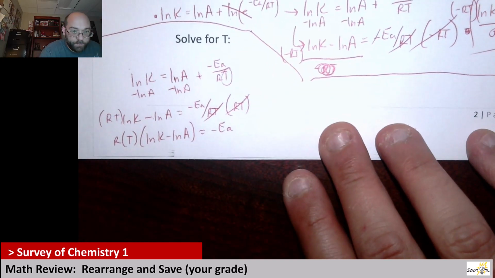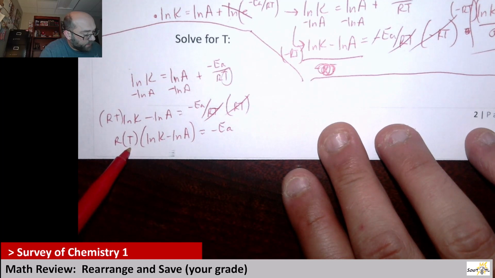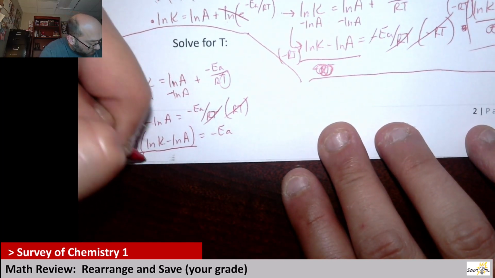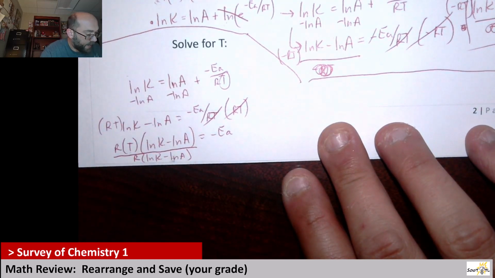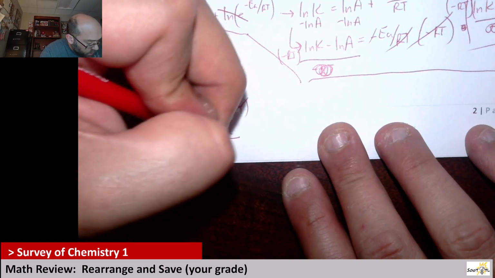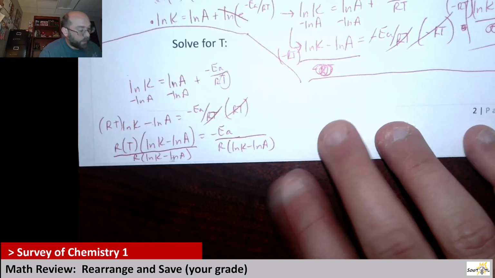All right, now I need to get the T by itself. So what can I do? I can divide both sides by R times natural log of K minus natural log of A. Do that to both sides. Like so.